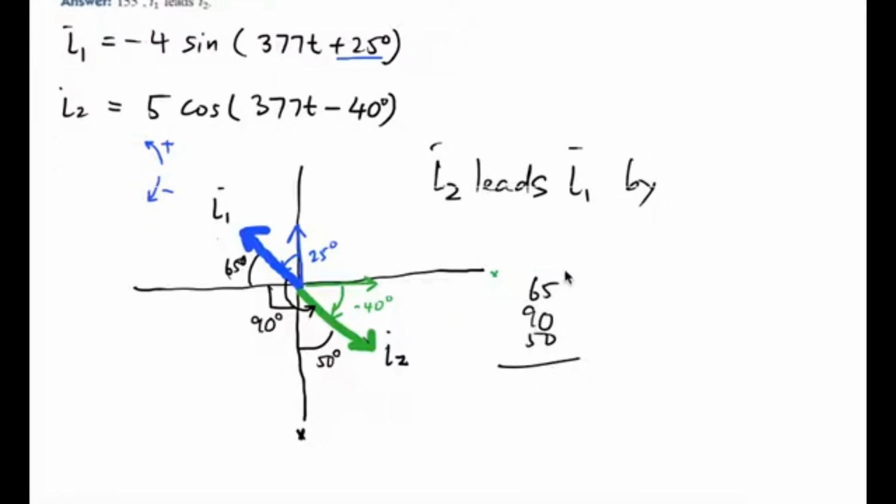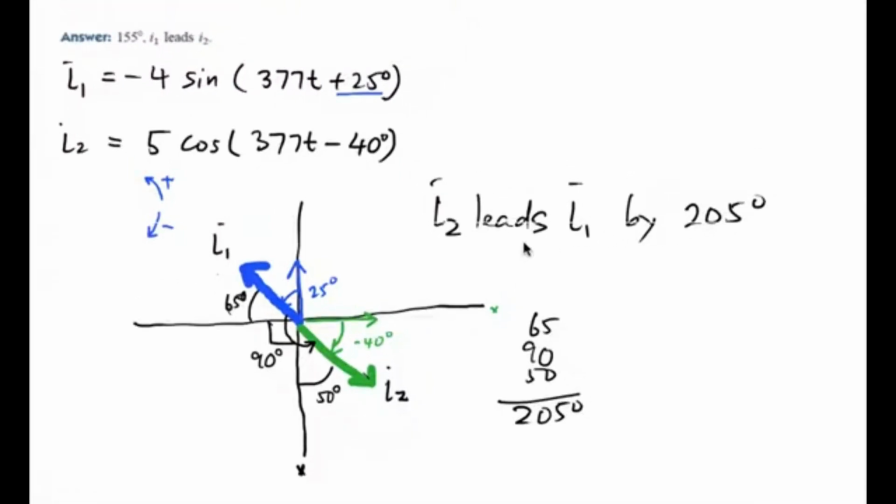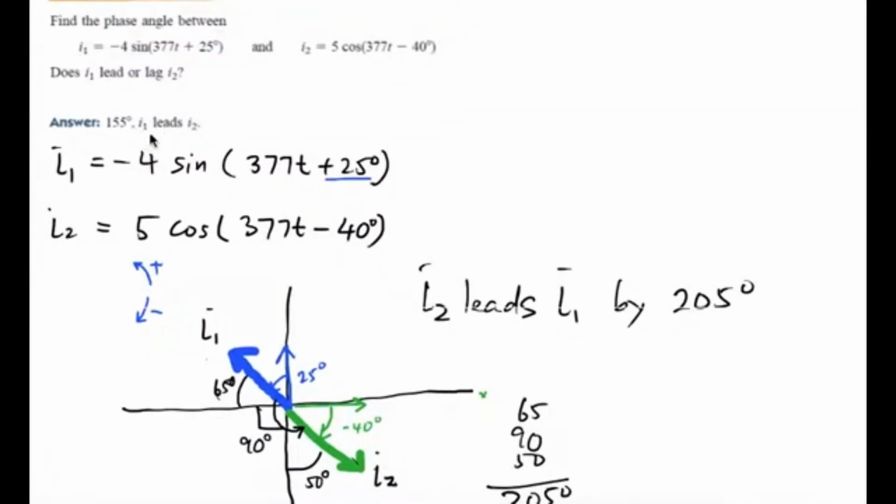How much? Calculator. 65 plus 90 plus 50 is 205 degrees. What is the answer? I1 leads I2 by 155. Is this wrong?